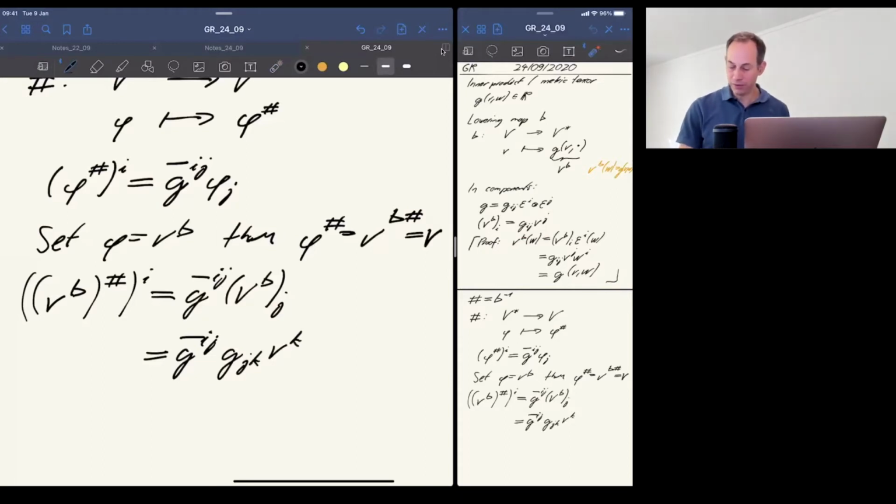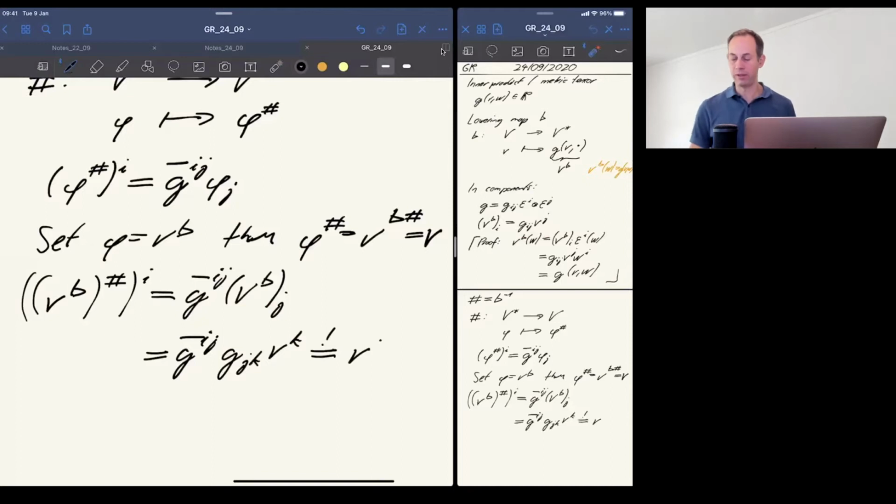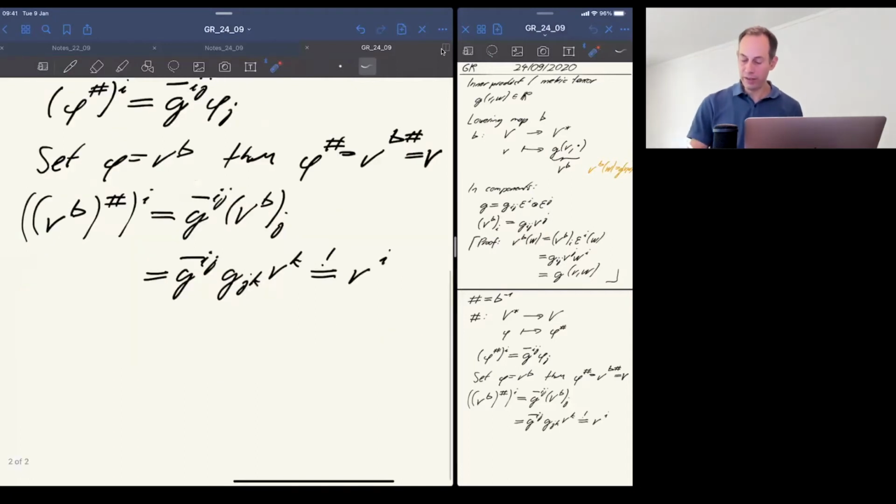What should hold, according to what I told you, is that this is equal to the vector v, or more precisely to the i-th component of the vector v, because here I only evaluated the i-th component. For this to be true, it must necessarily be the case that this thing here is the delta function of i and k.